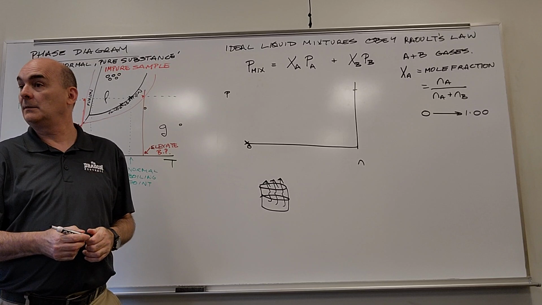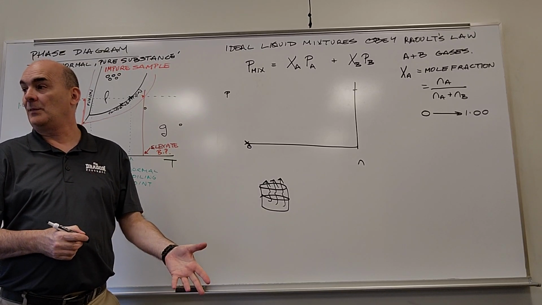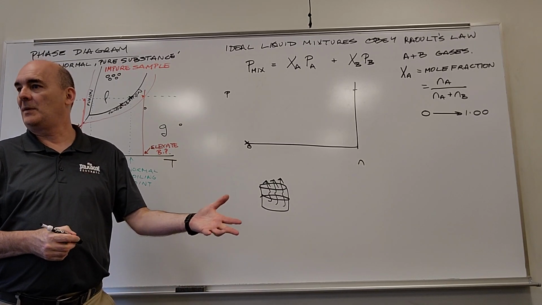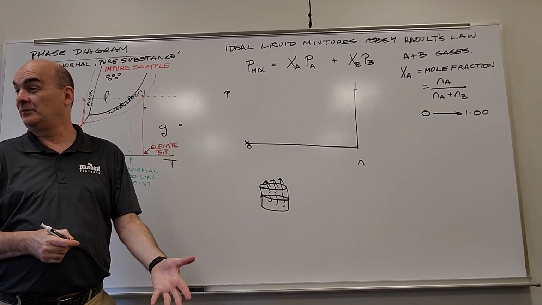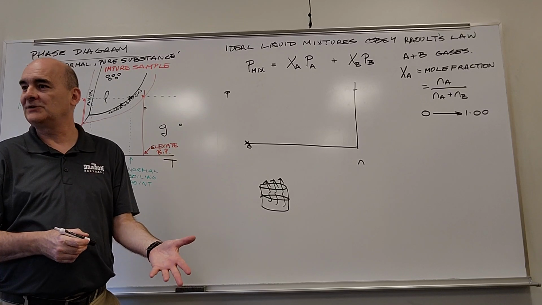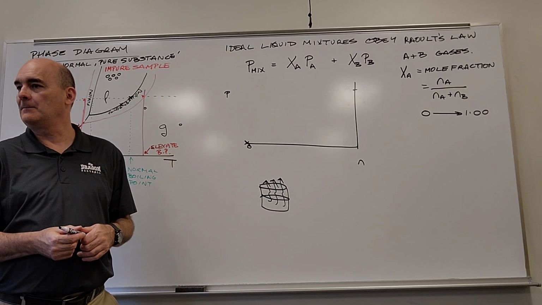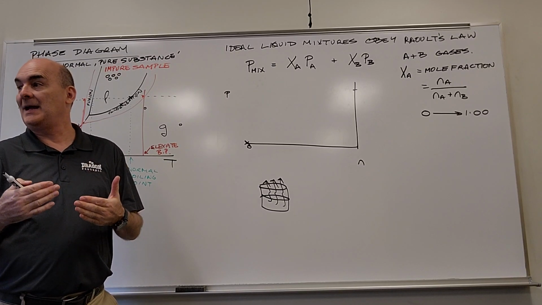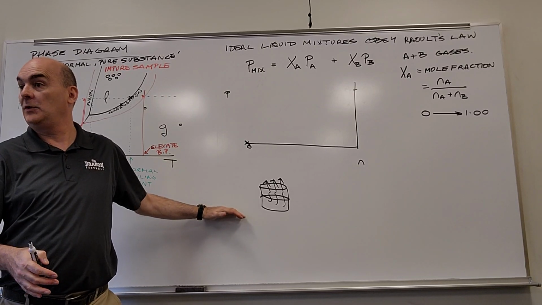That's why we burn it, because it's very good at burning. Whereas if I opened a bottle of dimethyl formamide, that's got a pretty low volatility, you probably wouldn't be able to smell it from a distance. It wouldn't fill the room up with the vapor. So those two have their own inherent vapor pressure, even though they're completely pure.